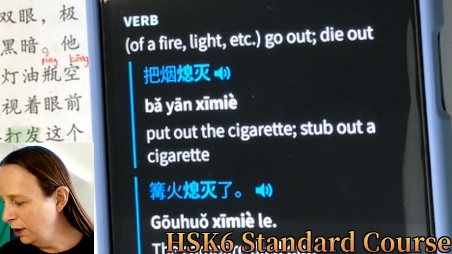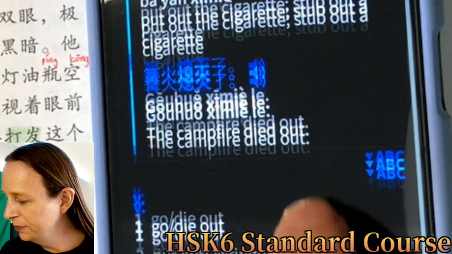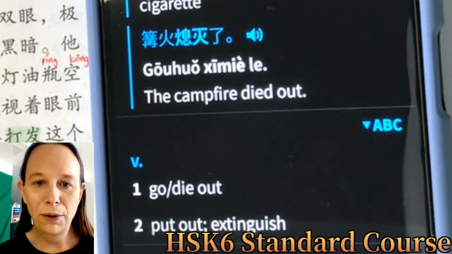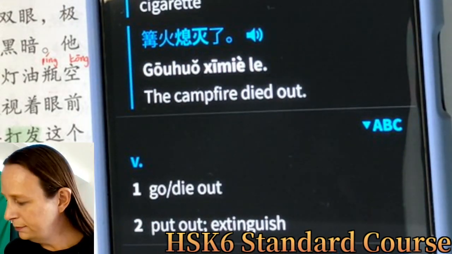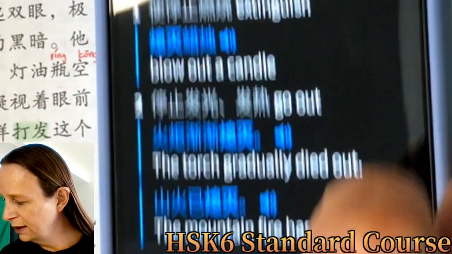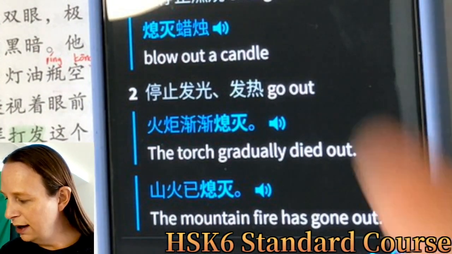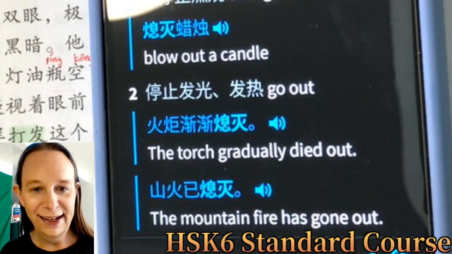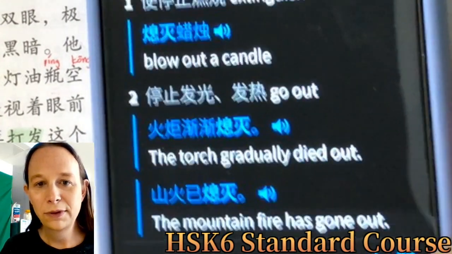篝火. 篝火 is a bonfire. Oh, campfire also. 篝火熄灭了。熄灭蜡烛. Oh, no, can you say that? 熄灭蜡烛.